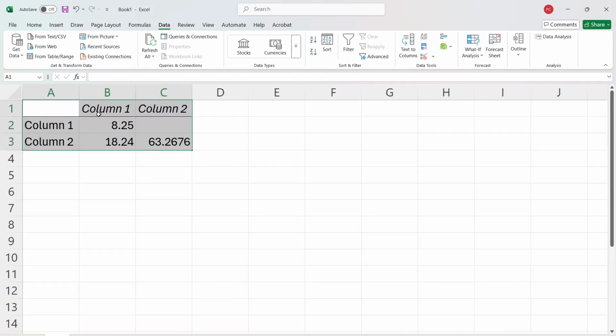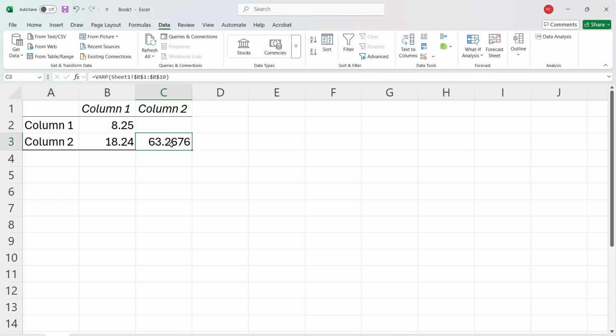Column 1, column 2. So the covariance of column 1 with column 1 is this number, which is the variance of x. The covariance of column 2 with column 1 is this number, which is the covariance of x and y. And then the covariance of column 2 with column 2, remember this is a covariance matrix, is the covariance of y with y, which is the regular variance of y, this number.